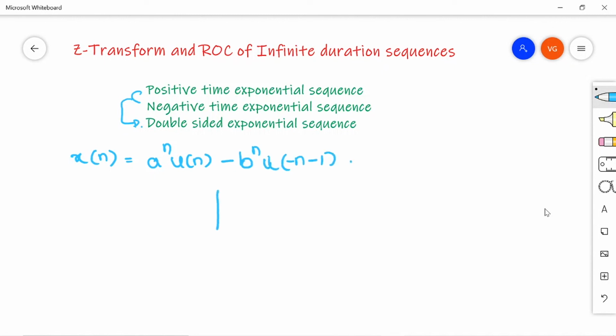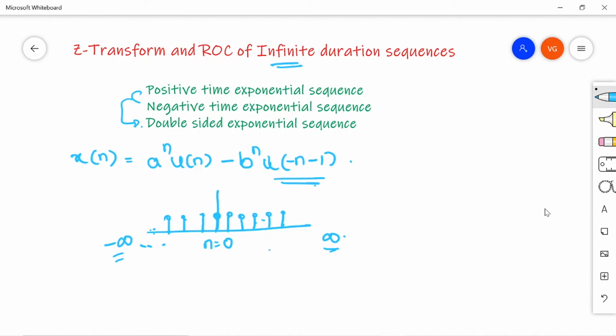That means the signal exists on both the sides. So this side also u of n means starting from n is equal to 0, right? So like this. U of minus n minus 1 means from minus 1 to minus infinity. So the signal exists from minus infinity to plus infinity. That's why this is called infinite duration signal, right?